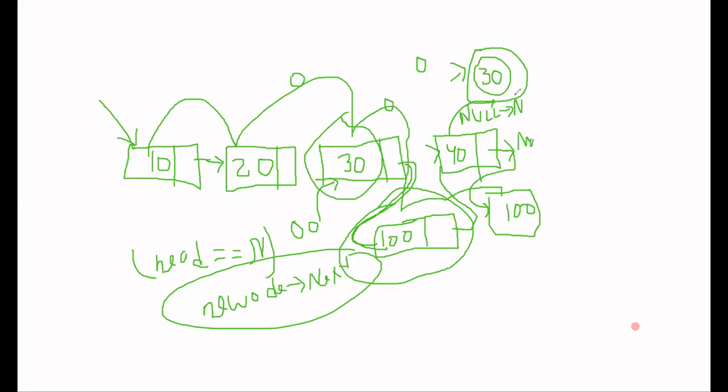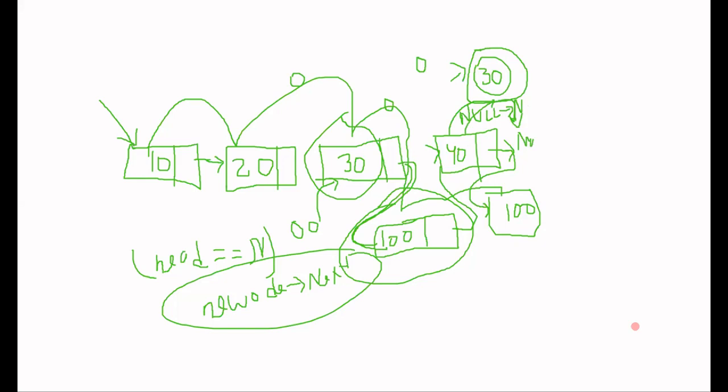Okay. So we'll keep on checking whether current's next exists or not. If current's next does not exist, there is no need to check further. Suppose we reach 40. If its next is equal to null, that means we don't need to check further. The data does not exist in our linked list.